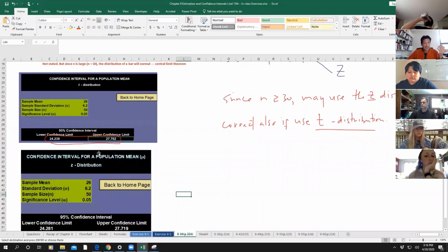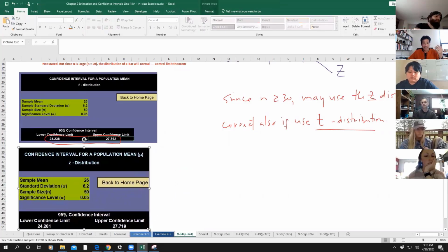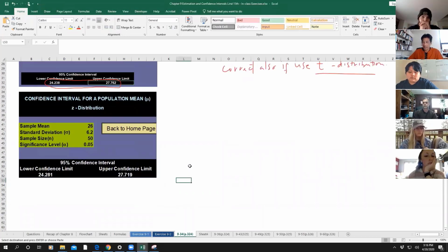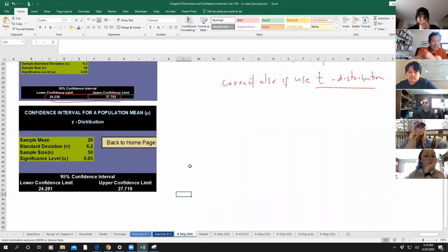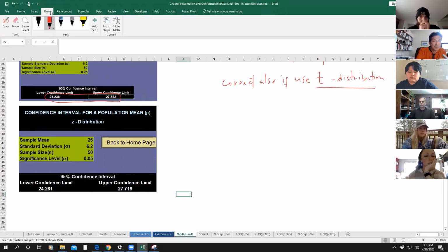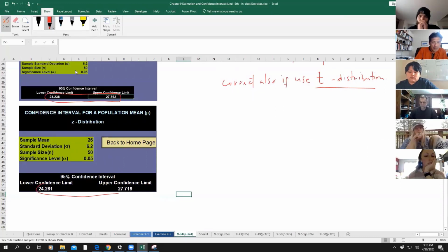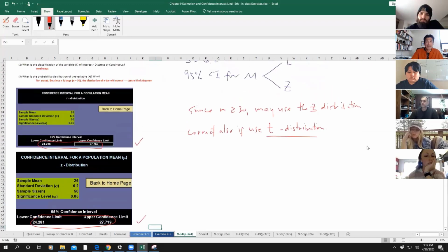Okay, so they're different, but only slightly different. So in this case, you can use either this number or that number. Are we clear so far?